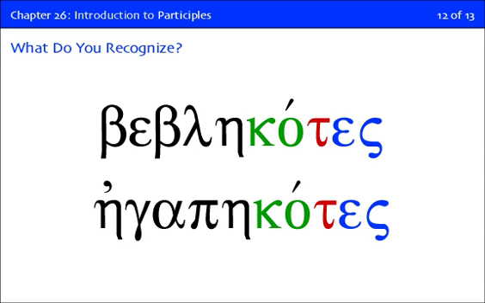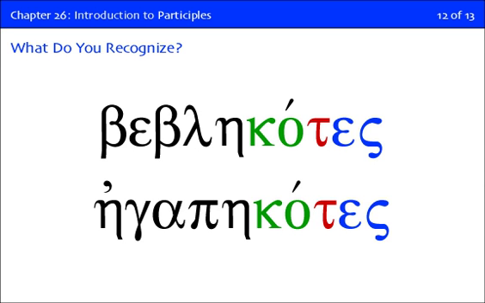There's one other thing that's a little unexpected. What is it? It's eta, not alpha. Why? It's the vocalic reduplication, but why didn't it unaugment? Because it's not an augment. That's why I taught the vocalic reduplication the way I did in the perfect.